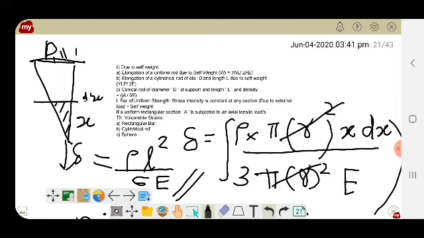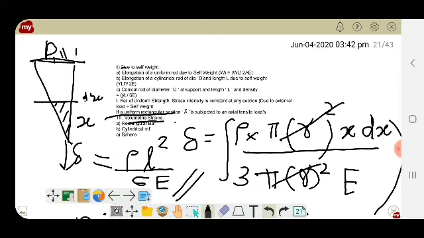Next, with that I am completing this portion, that is finding elongation. Now we are moving to another important section, that is strains, volumetric strains.